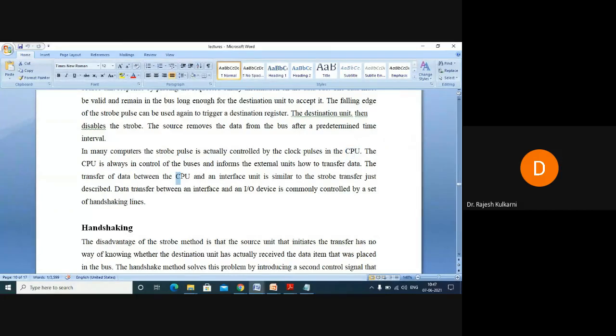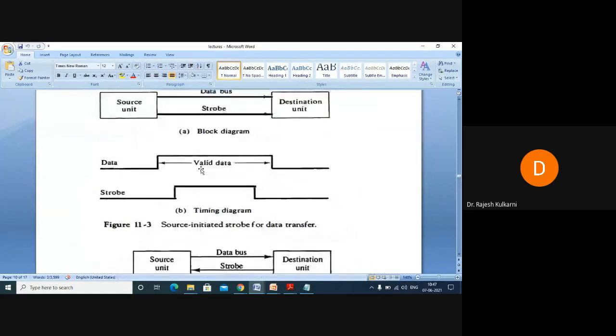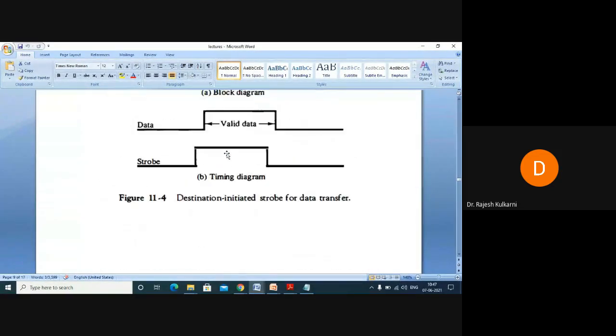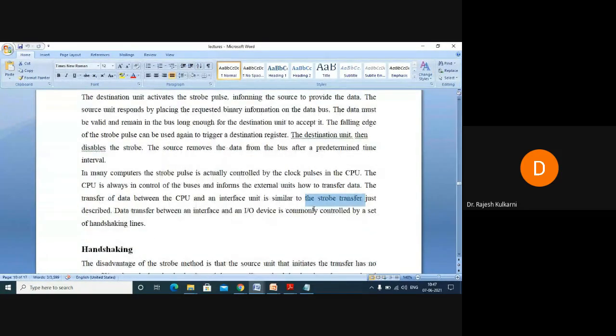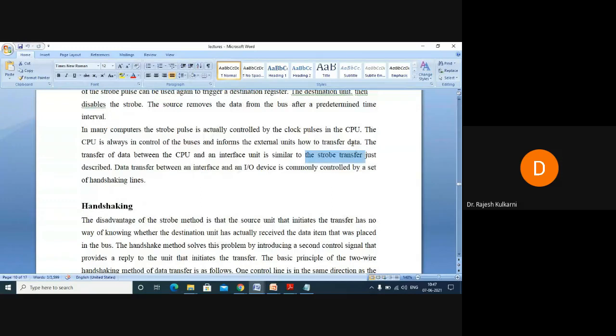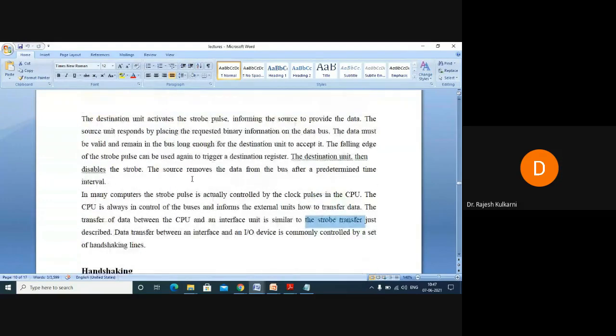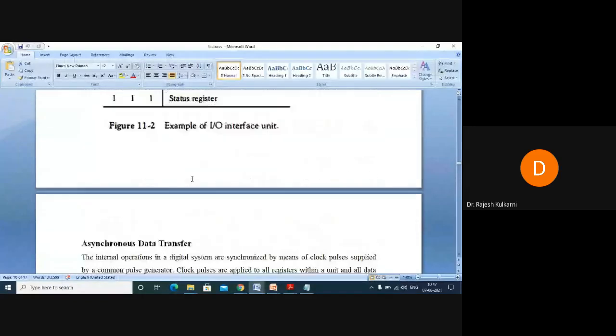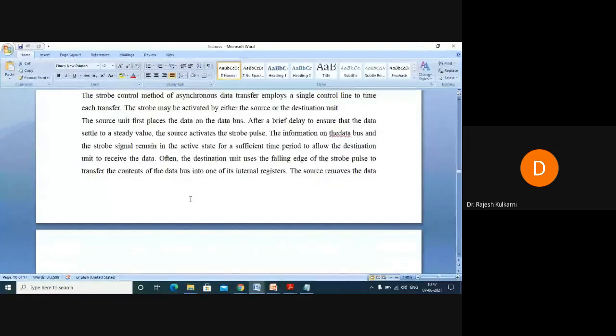Even the data exchange between CPU and interface unit is similar to strobe transfer, which is described here. If you understood this, you should remember that in the same fashion, the data transfer between the CPU and the IO unit will be happening. This is what is about the strobe control.